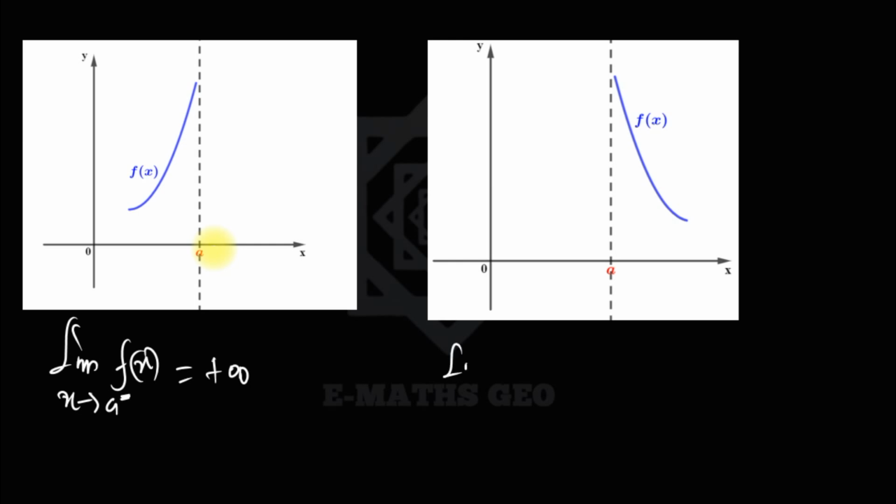While the second one, as x approaches a from the right, f of x also increases without bound, so also positive infinity.